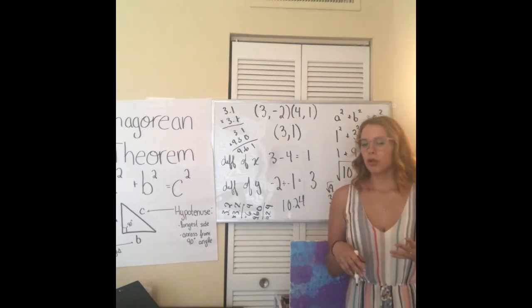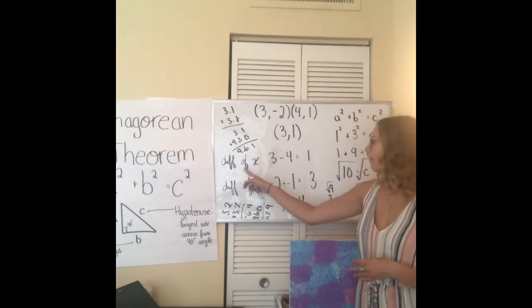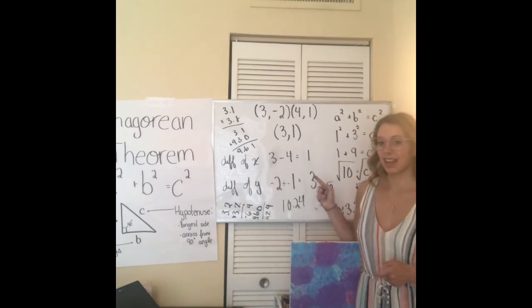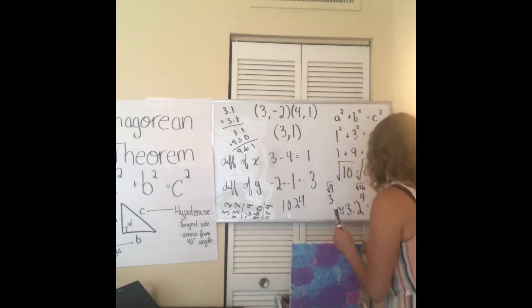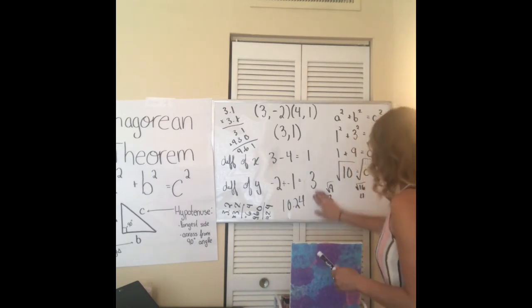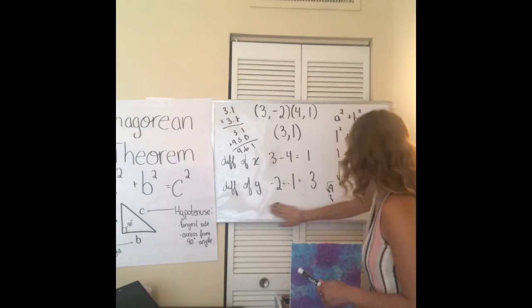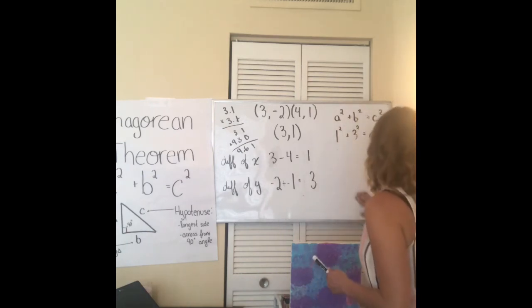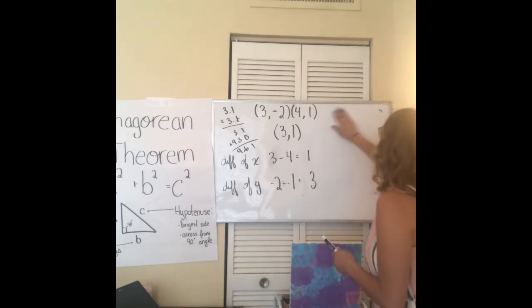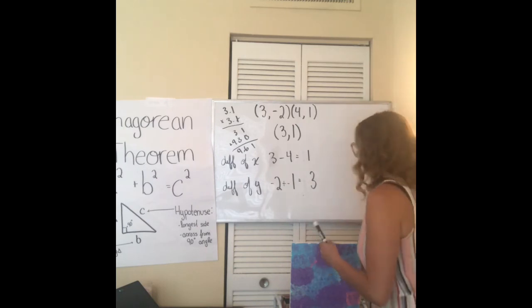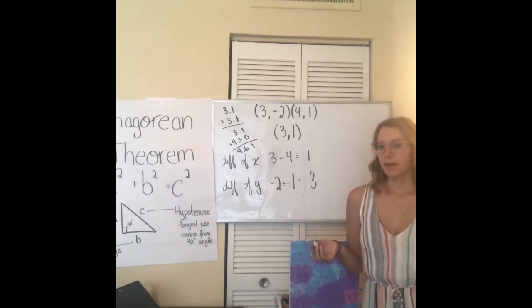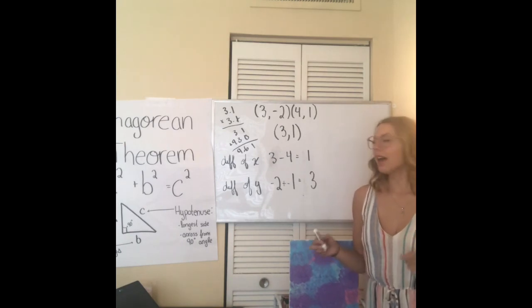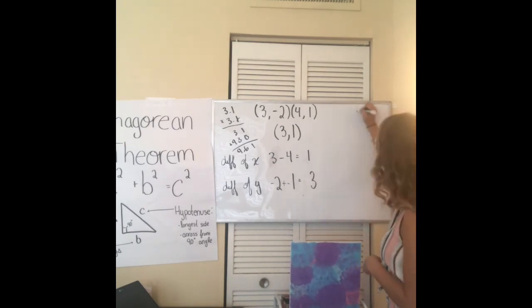I want to show you on a graph how I found these differences, these side lengths. So I'm going to make some space. If you have a piece of graph paper, go ahead and take it out. If not, please sketch this graph with me.